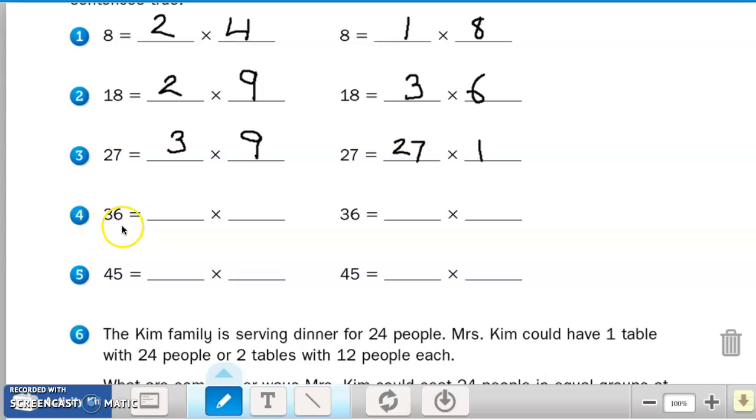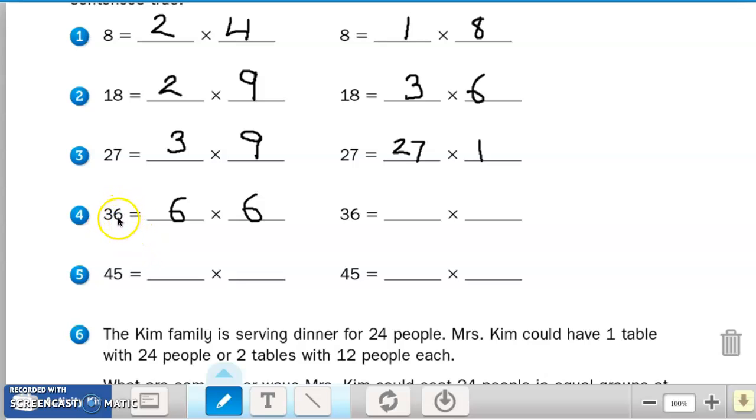Let's think about 36. Remember, some of you that are in class, you know it rhymes. Something times something is 36. What is it? 6 times 6 is 36.